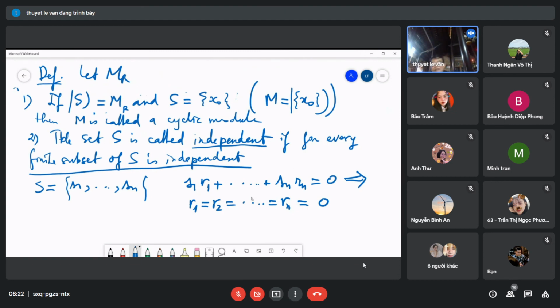The same as in vector space. If S is finite, it is as here, but if it is infinite, then every finite subset has to be independent.